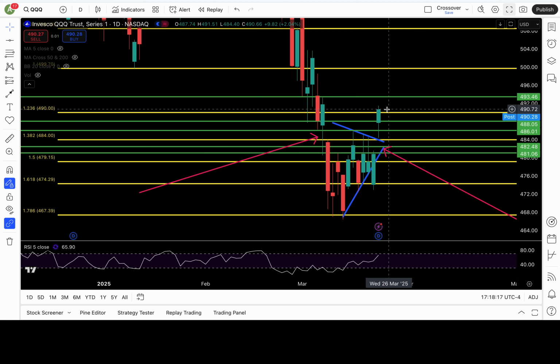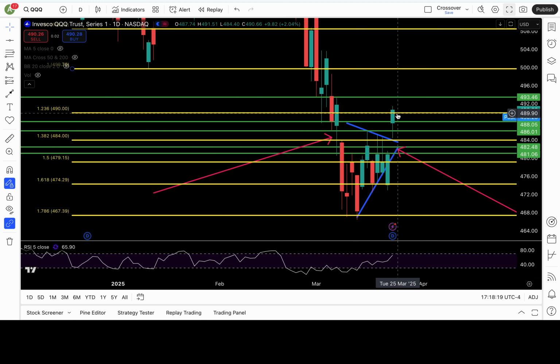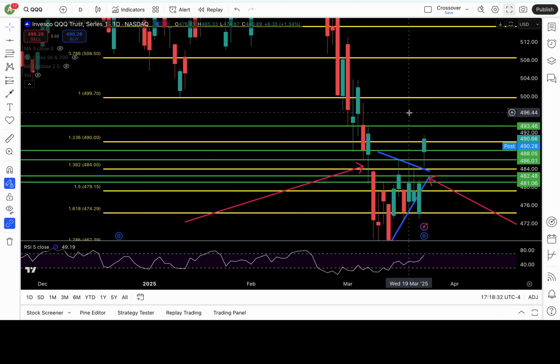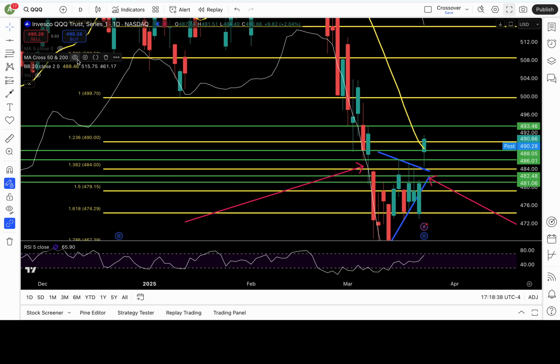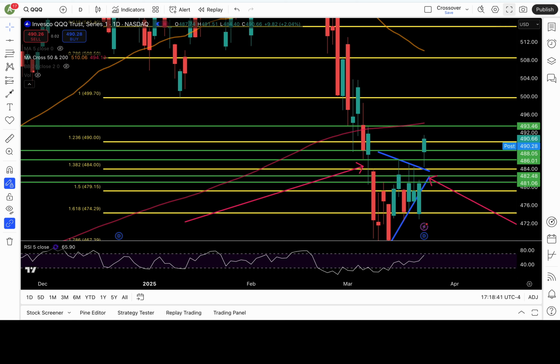As long as we're above 490, guys, today's breakout stays intact. So 490, stay above 490, stay bullish. Next resistance at 491.5, 493. What I have: 495, 498. And there's a fib level at 499.7. I think I have a 200 daily moving average around here. Yep, it's actually around 494-ish.